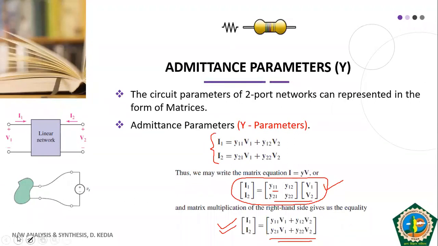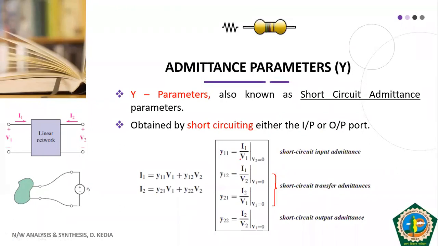So now we move forward. Students, these Y parameters are also called short circuit admittance parameters. And why are we calling them short circuit parameters? See, what is our next objective? I told you that we will be representing this linear network with the help of parameters.